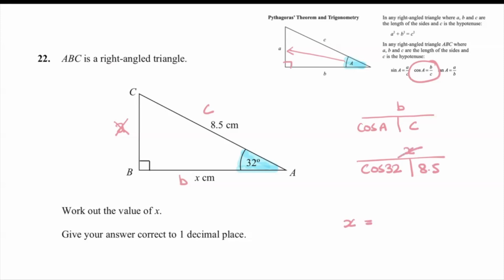So I've done the x. I've got these two side by side which means they are going to get multiplied. Your calculator is going to open a bracket. Make sure you close it. If you don't close it, it will go wrong. You pop that in. Calculator's giving me 7.208 and on it goes. Question says 1 decimal place, so I'm going to cut it here. No rounding required, so just 7.2 centimeters for my final answer.